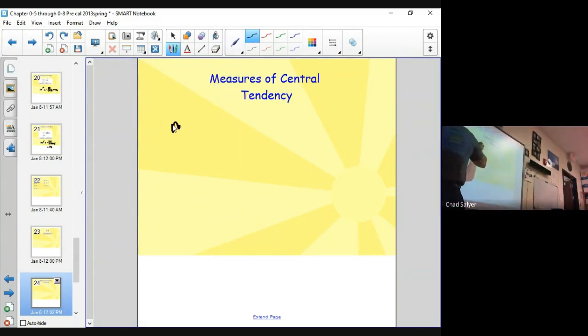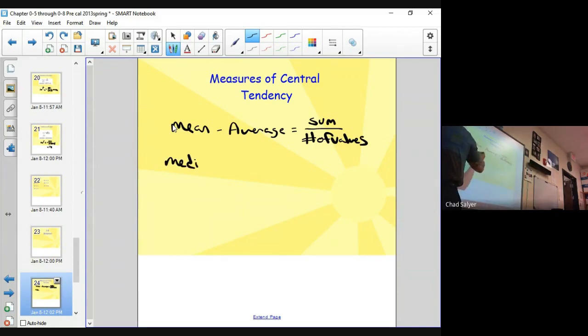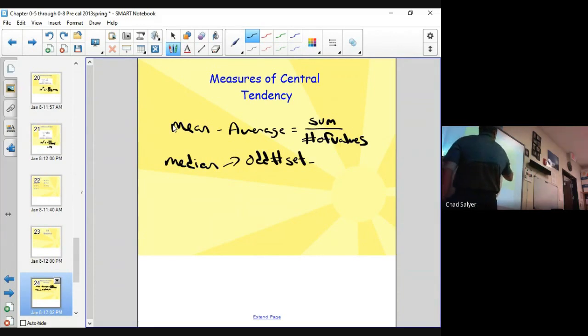So here you've got the mean, which is just the average, which is the sum of all values over the number of values. And then you've got the median, and there are two ways to find the median. Way number one, you have an odd numbered set: you just choose the middle value.